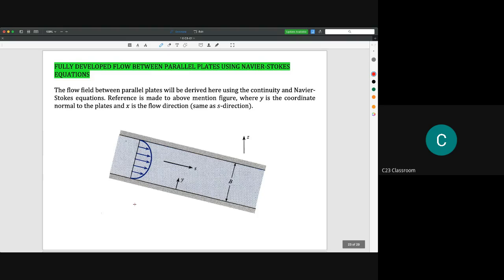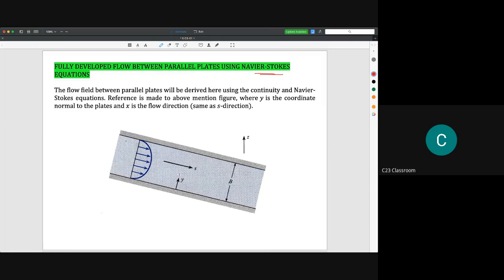Now we try to do the same thing to develop an equation for the parallel plate like this, but now we are trying to solve it by using the Navier-Stokes equation. I think you could have an idea about this, because previously I showed you. Again, we have this one.